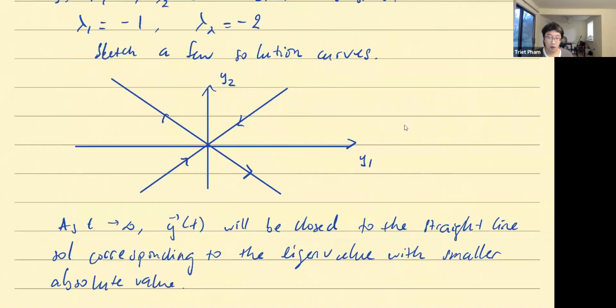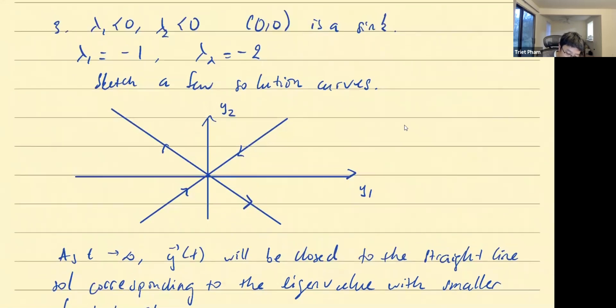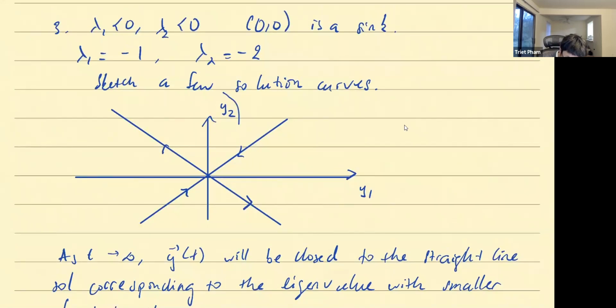Okay. So in other words, it'll be close to V1 in this example, because lambda 1 is -1. In other words, it'll come in like this. It comes into 0, because 0 is going to be a sink.